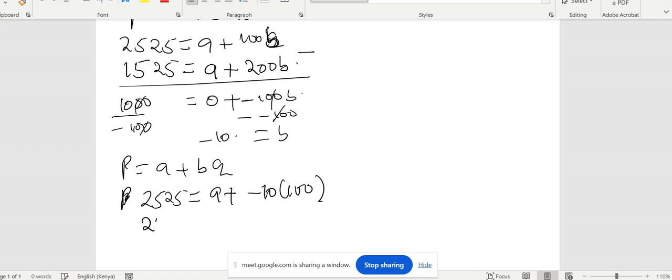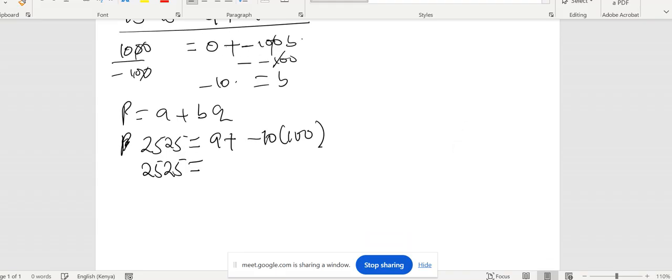So this is 25. 25 is equal to A minus 1,000.